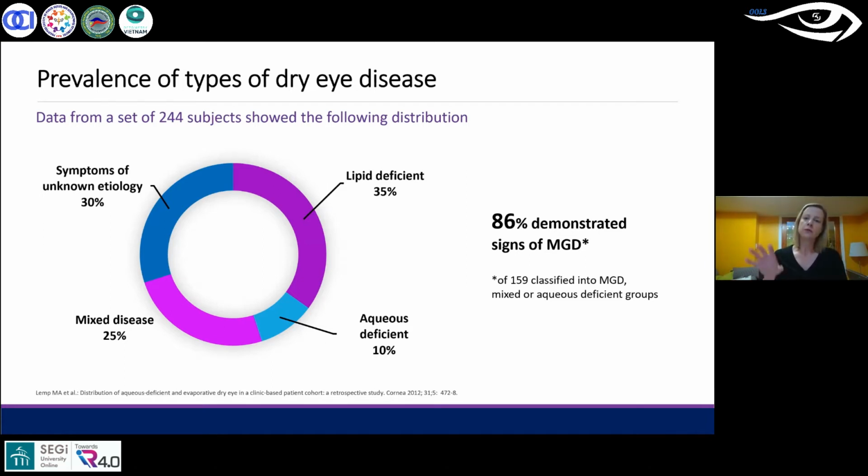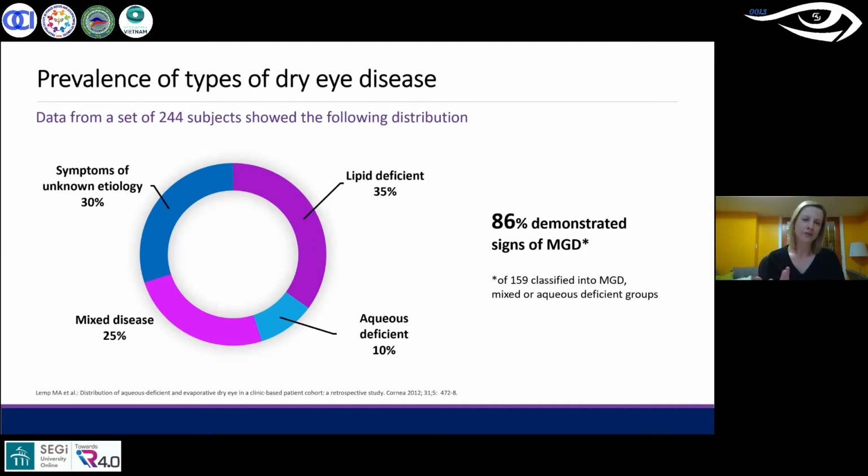Now, of those that were classified with mixed or aqueous deficient or lipid deficient, so when the type of their dry eye disease was known, of those, 86% had signs of Meibomian gland dysfunction. So that's where we get that figure from.